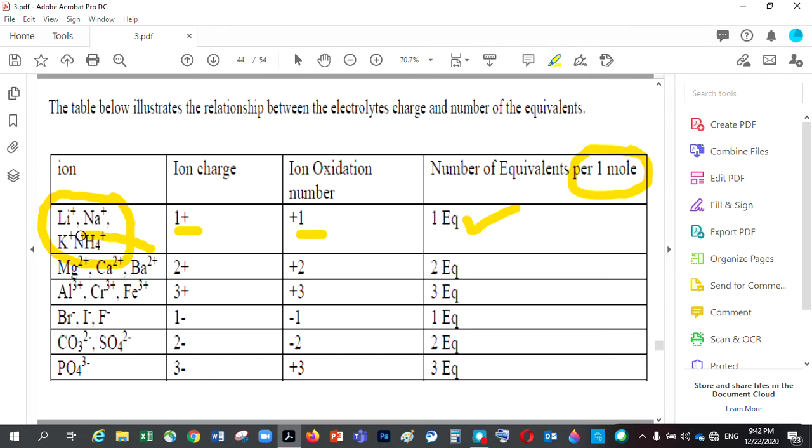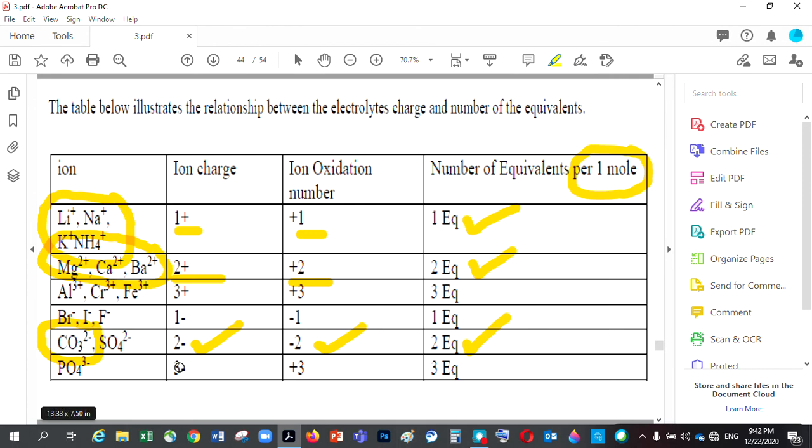Those have ion charges of 2 here, oxidation number +2, and this is 2 equivalents per mole, and so on. We come to the polyatomic ions. Carbonate is 2 negative, ion charge is -2, oxidation number -2, the same thing with the sulfate, and we are dealing with 2 equivalents.